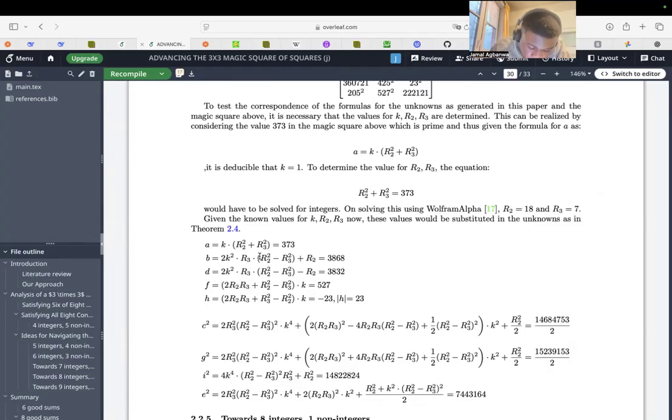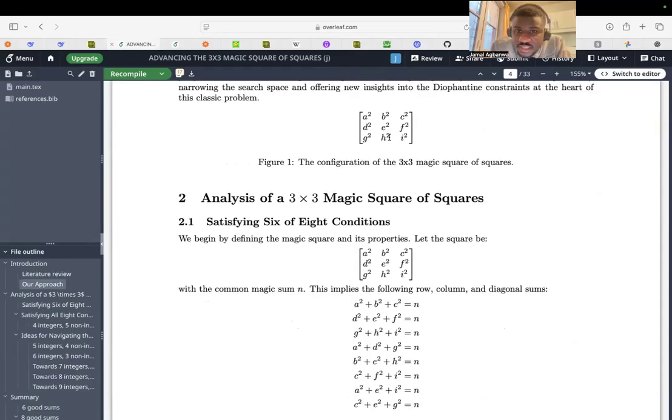Correct. Correct. So far, as much as I've tested this and that, we've gotten the same numbers.